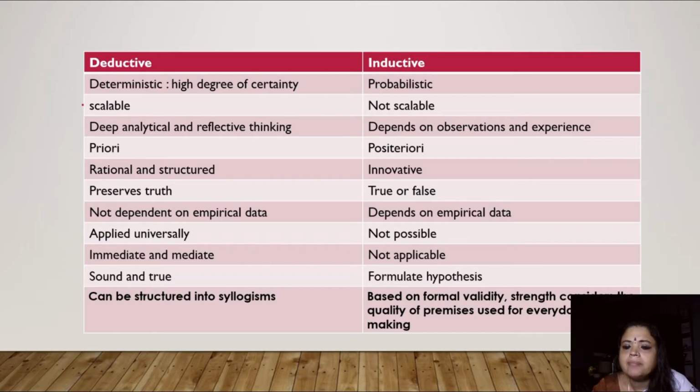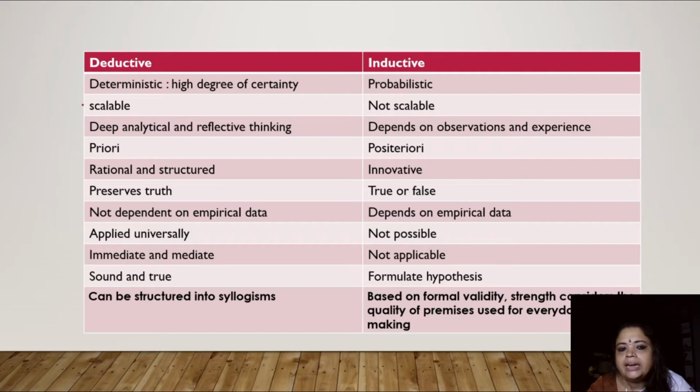Deductive argument is scalable. As we have said, all cats are mammals. Pussy is a cat, so pussy is a mammal. Similarly, you can say another cat by the name Ruby is also a cat. Ruby is a mammal. So you can scale the type of deductive reasoning. That is not possible in the case of inductive reasoning.